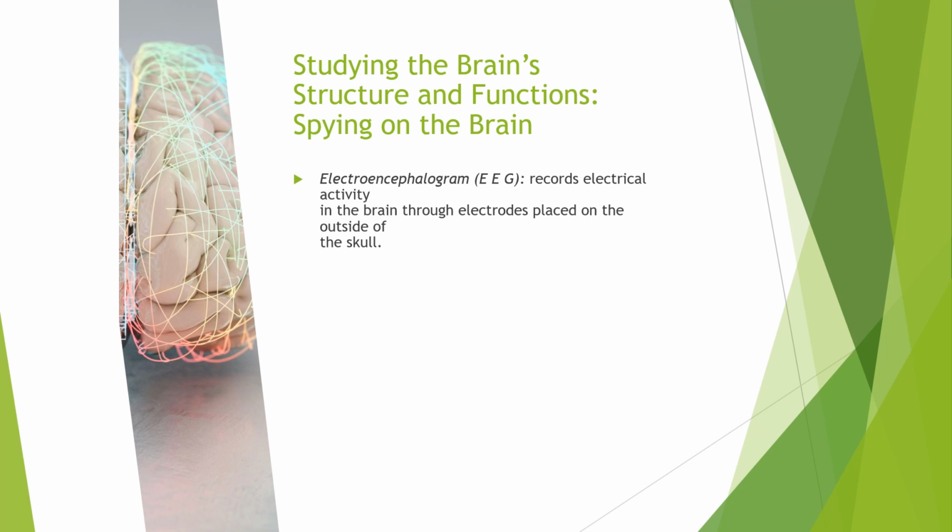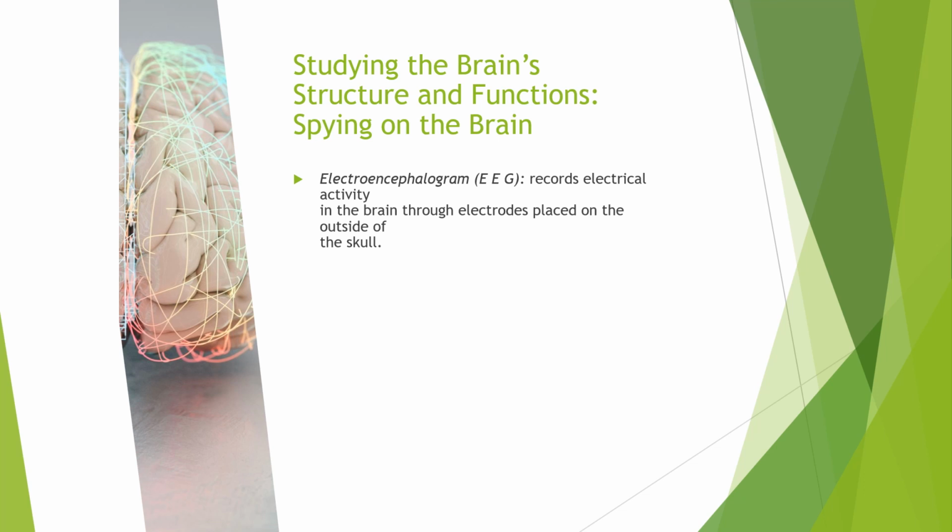If you've ever lost consciousness, if you've ever been concussed, whether that was playing a sport or in an accident, and you are taken into the emergency room, the first thing the emergency room doctor is going to do is an EEG, and that's going to tell them whether or not there is any electrical activity in your brain.